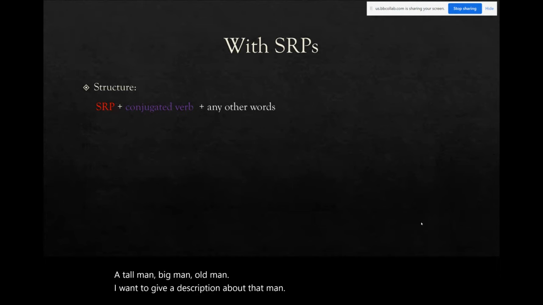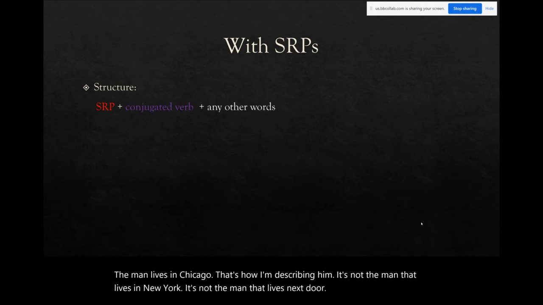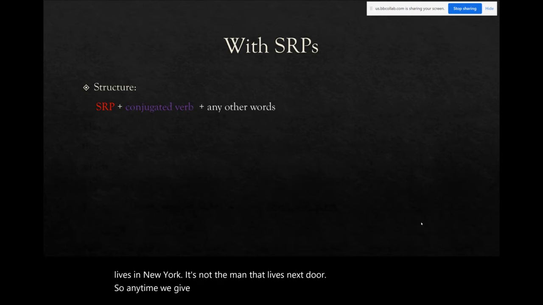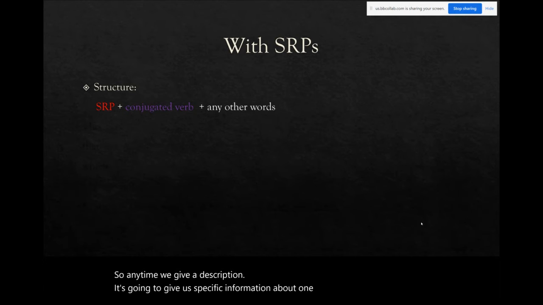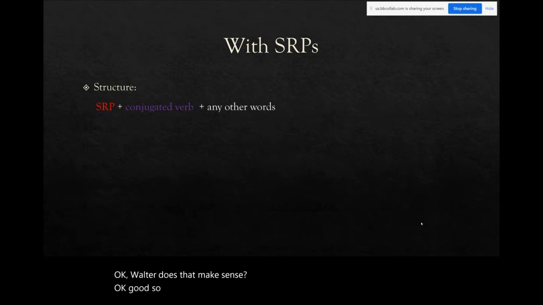The man lives in Chicago. That's how I'm describing him. It's not the man that lives in New York. It's not the man that lives next door. So anytime we give a description, it's going to give us specific information about one noun in the sentence. Okay, Walter, does that make sense? Yes. Okay, good. So we'll look at more examples here.